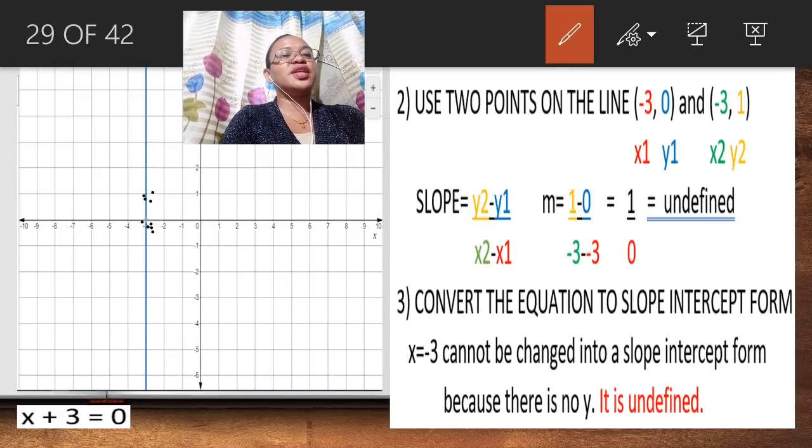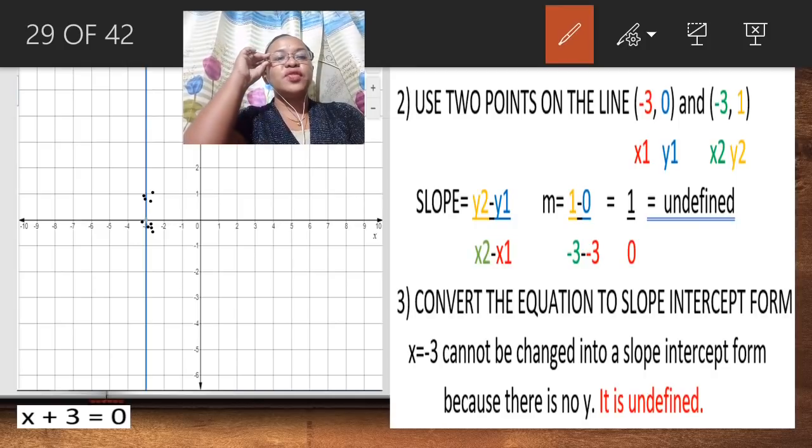And 1 over 0 is not 0. The value is 0 when it is in the numerator. But since 0 is in the denominator, the answer there is undefined. Okay, that's undefined. So, meaning the slope is undefined. So, when you have a vertical line, then the slope of that vertical line is always undefined.